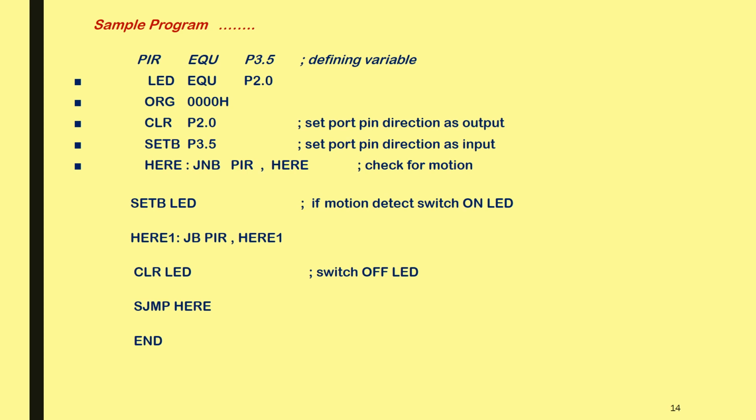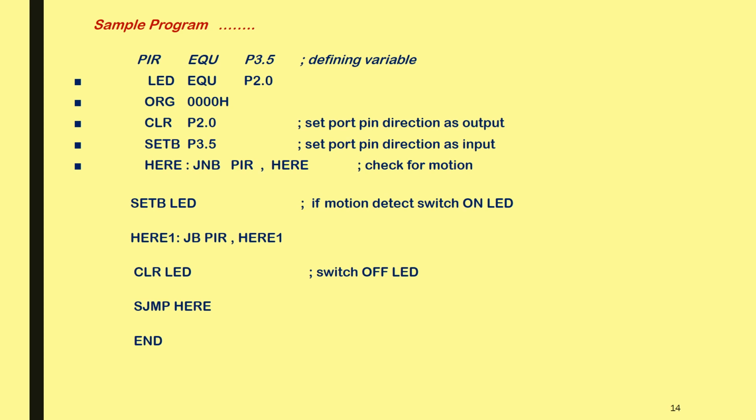Then next is ORG 0, CLR P2.0, which sets the port pin direction as output. Then SETB P3.5 sets the port pin direction as input. Now JNB PIR, remain in the loop. SETB LED: if motion is detected, switch on the LED.